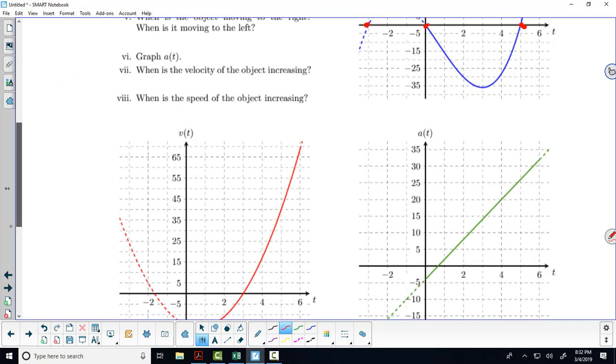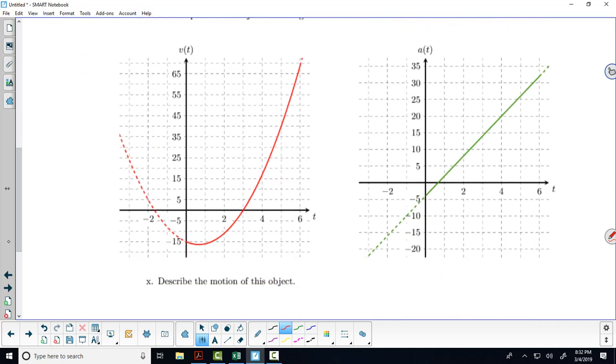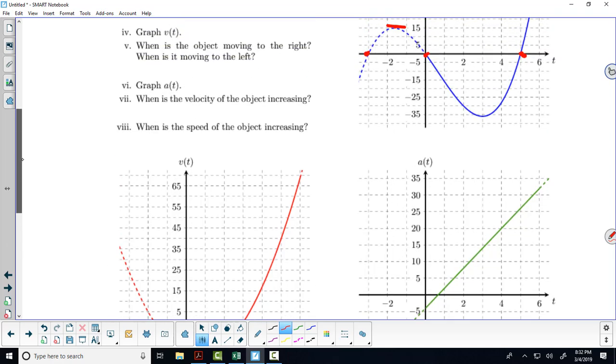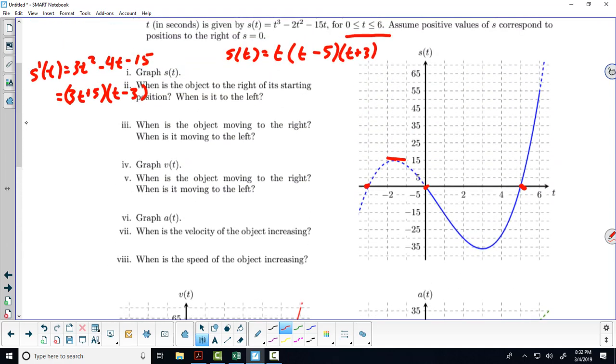And so down here, I've actually graphed the derivative of this function, the velocity curve. And notice the velocity curve has zeros at t equals 3 and at t equals minus 5/3. I could find that simply by taking the first derivative, setting it equal to 0, and finding the x-intercepts of this.